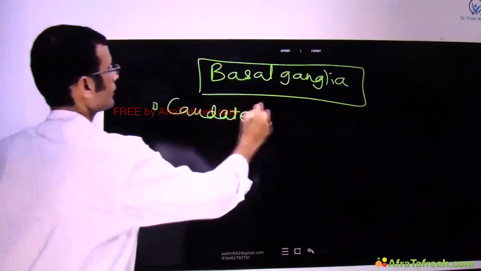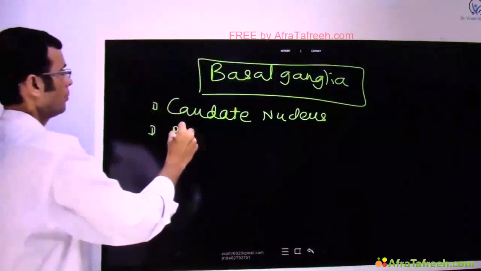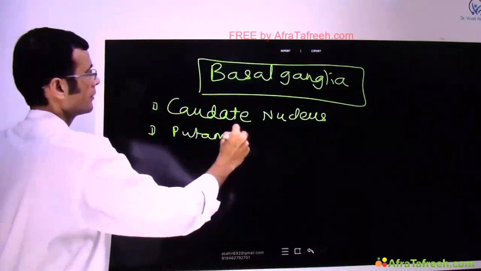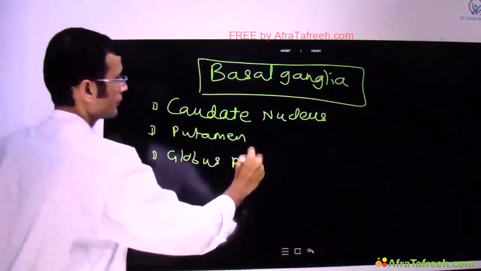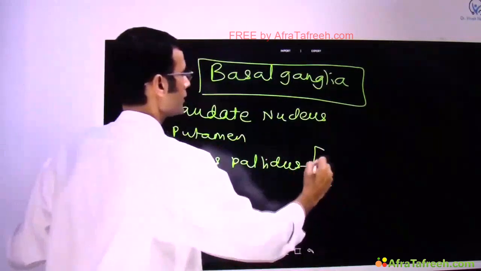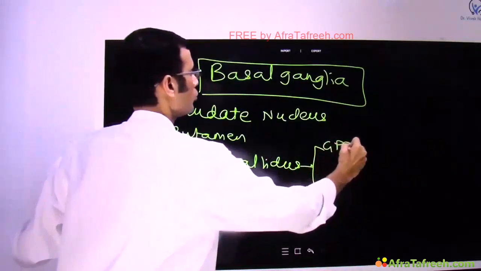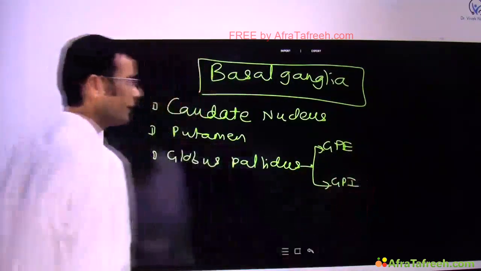Caudate nucleus, putamen, globus pallidus. Globus pallidus has 2 parts, globus pallidus external and globus pallidus internal.